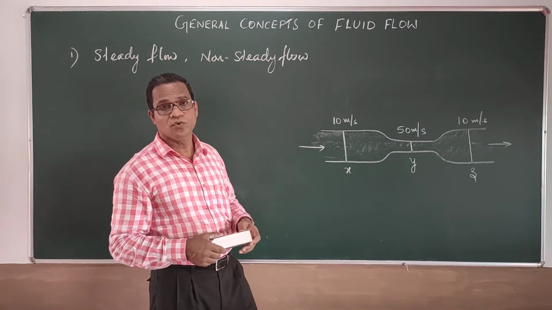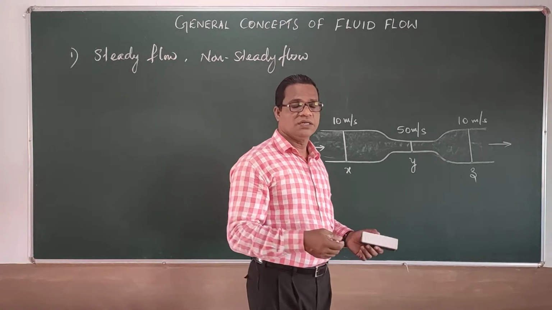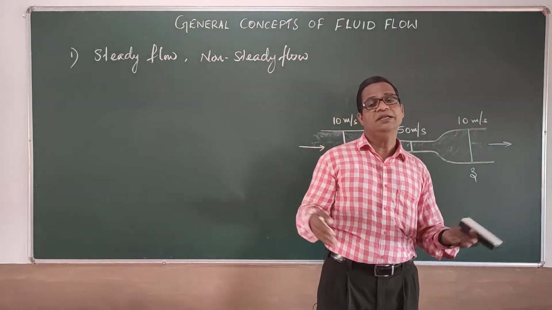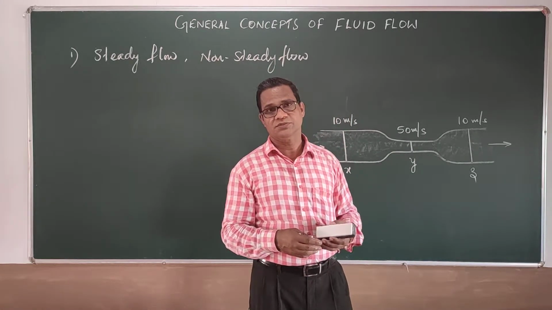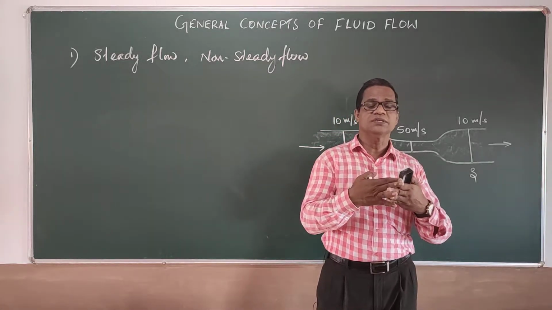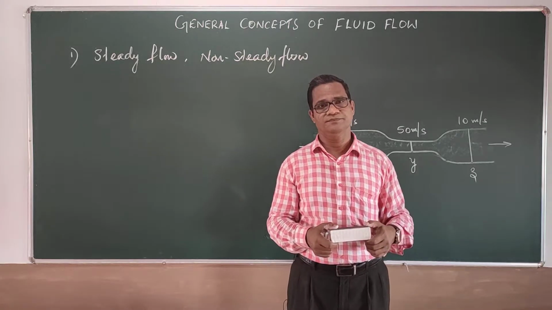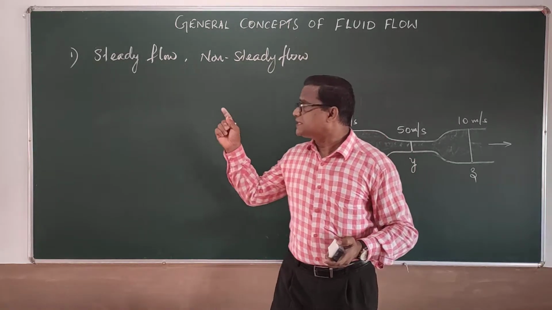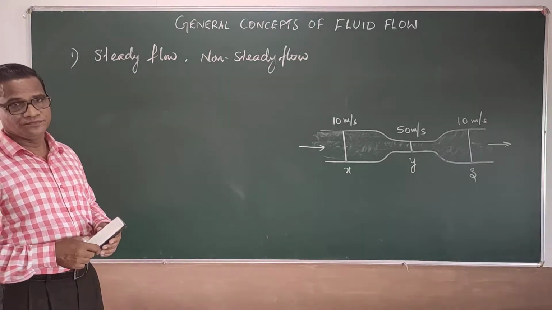In non-steady flow, as the particles reach one particular cross section, each particle will have many different speeds in that cross section. So it becomes non-steady. In that case, the particles will be crossing each other and blocking each other. So the first characteristic: steady flow, non-steady flow.